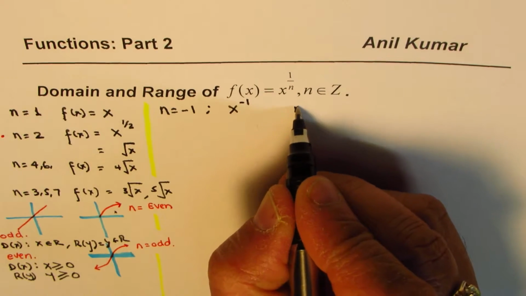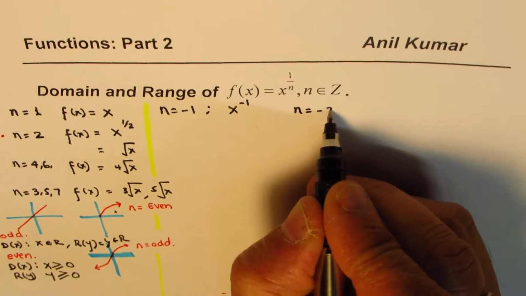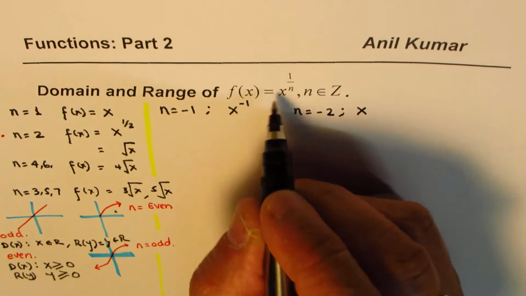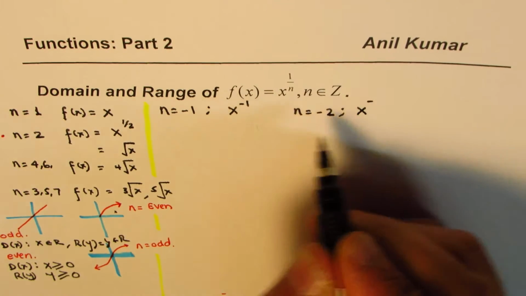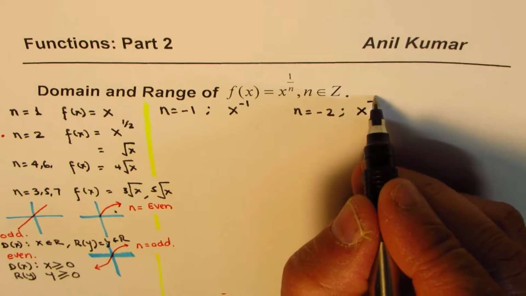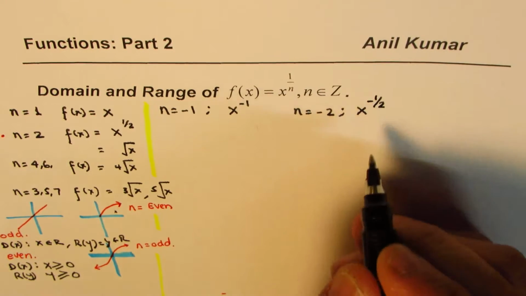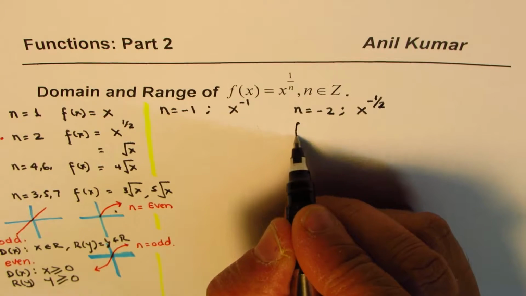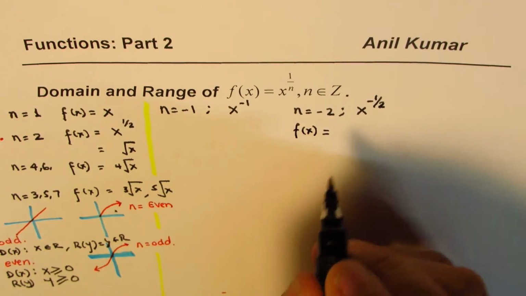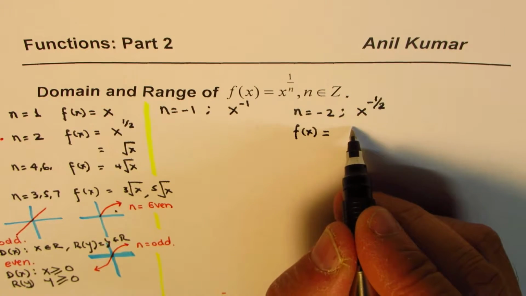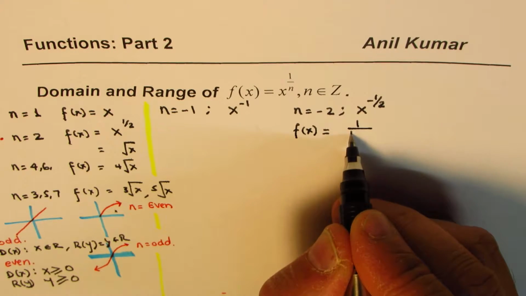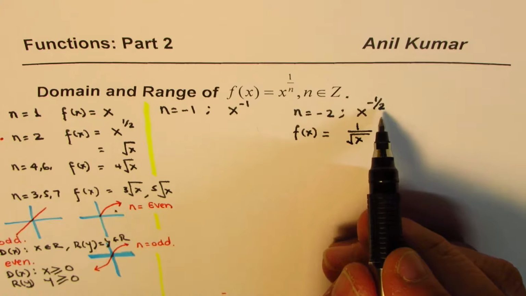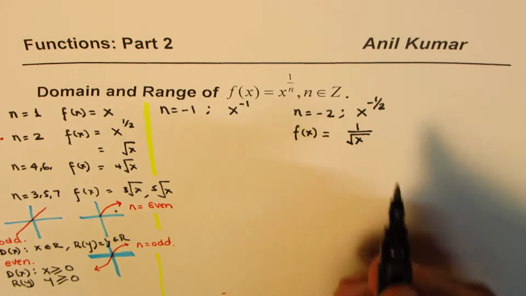And if n equals negative 2, we get x to the power of negative 1 over 2. Negative means 1 over, right? So it is 1 over square root x. This happens when we have negative even powers.